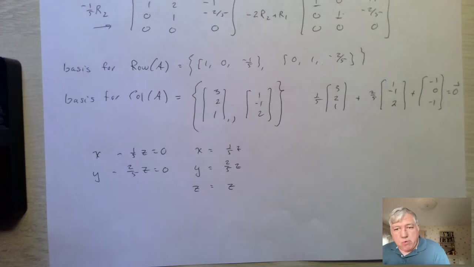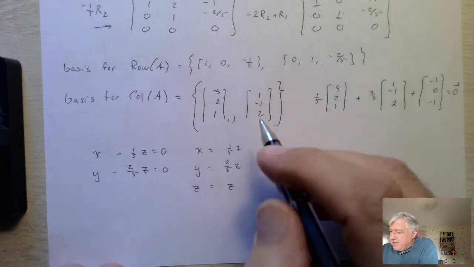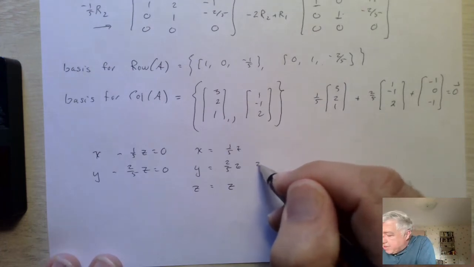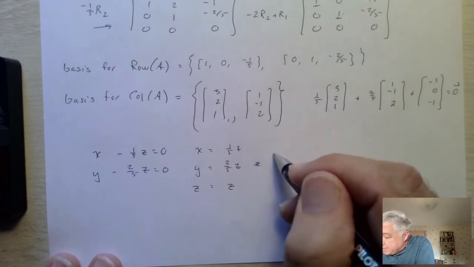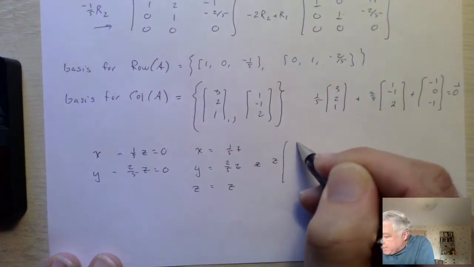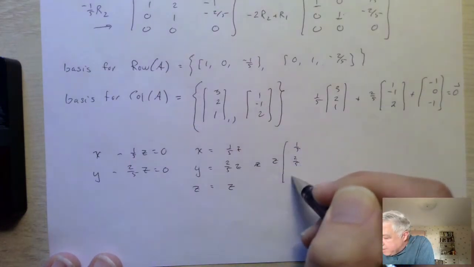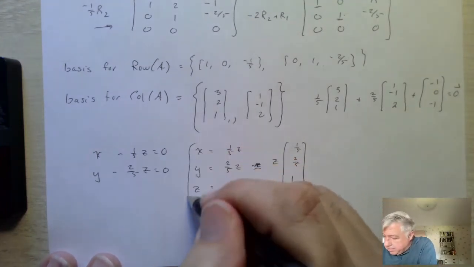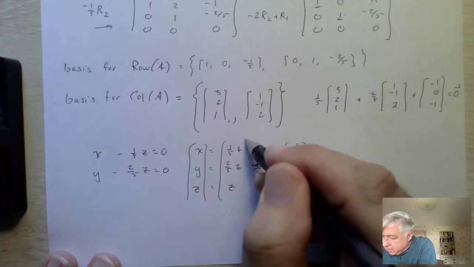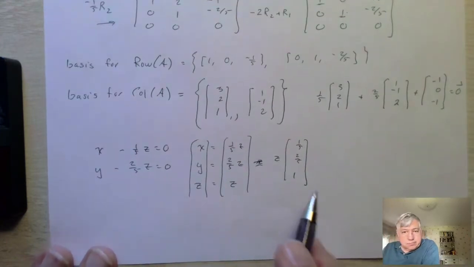Now this is where we would stop if we were just trying to find the solution to the system of linear equations. But because we're trying to find the basis, we can see that (x, y, z) is going to be z times the vector (1/5, 2/5, 1).